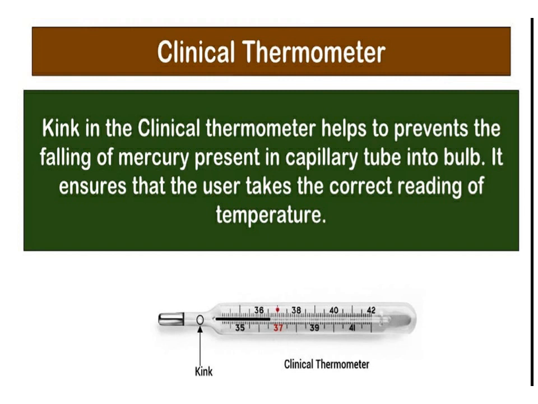Because as soon as you take it out from the mouth of the person who is not well, the mercury would fall down, since mercury is the only metal which is liquid at room temperature and it is used in thermometers. The kink stops the mercury from going back to the bulb. It ensures that the user takes the correct reading of temperature, and this mercury and kink are both present in clinical thermometers.